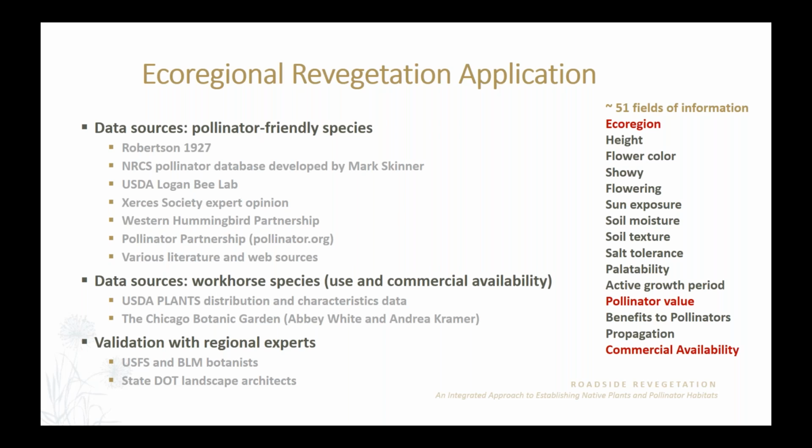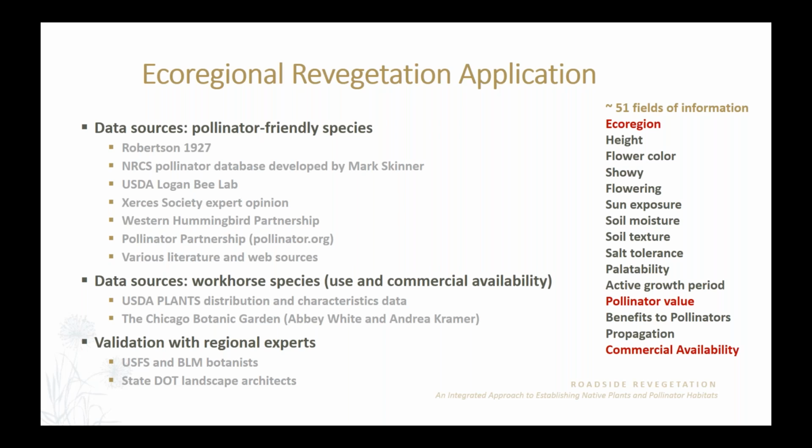On the right side here, there's just a list of data or fields information that are in the database. So a lot of structural components of the plants, height, color, things like that. We also have this pollinator value field, which we talk about, but basically, is this a host to a single species?